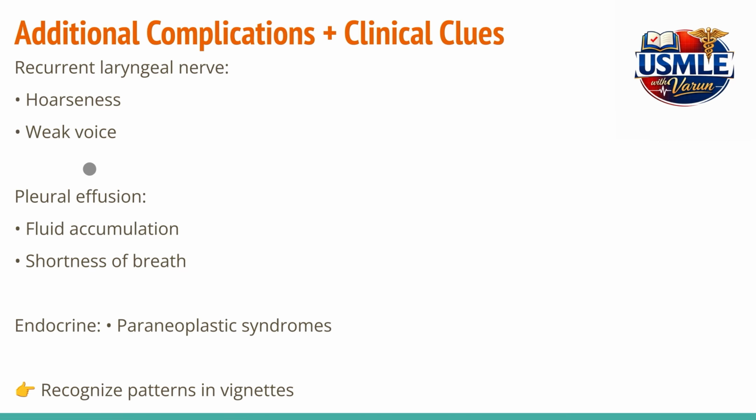Pleural effusion occurs when fluid accumulates in the pleural space, leading to breathing difficulty. And endocrine effects refer to paraneoplastic syndromes which we have already discussed in the previous slides. So the key pattern in all these questions related to lung cancer is pattern recognition. So we just need to match the symptom to the structure that is being compressed.